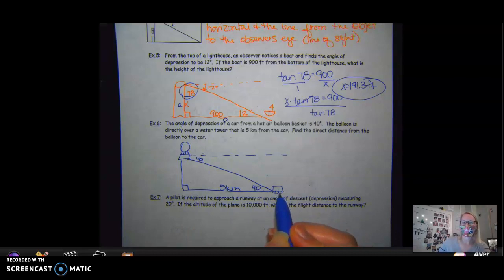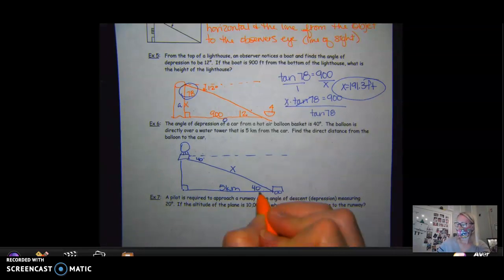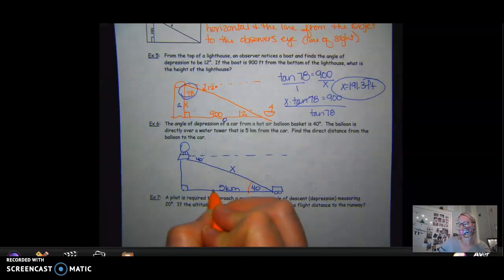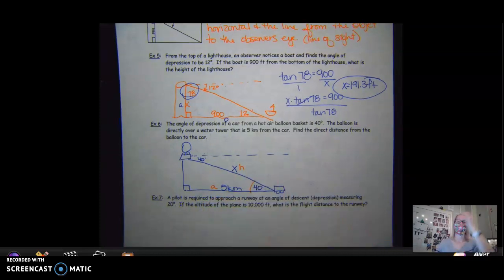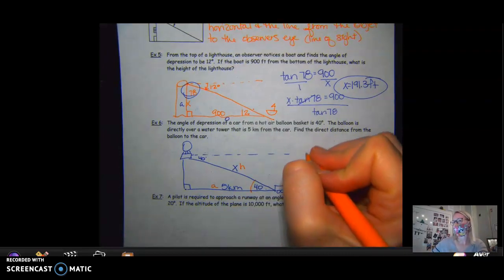Find the direct distance from the balloon to the car, so they want the hypotenuse. Okay? So we're going to go off this 40-degree angle down here. The 5 is what compared to that 40? Adjacent. The X is hypotenuse. We're finding a length, so that's regular trig. So which one uses A and H?